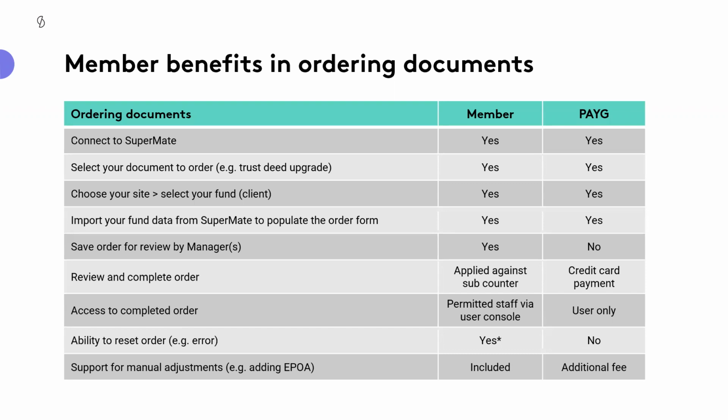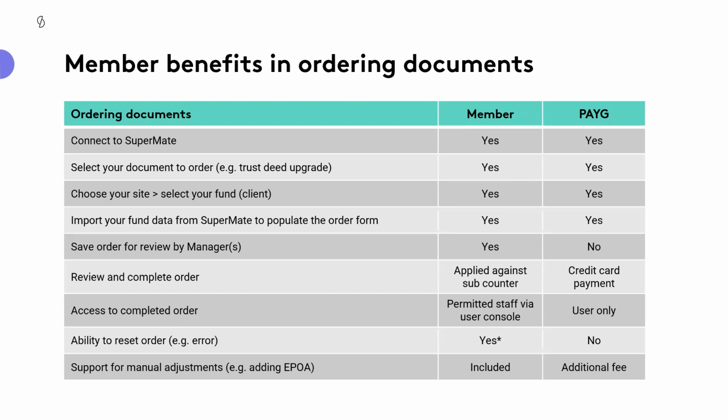You can then have what we call the parent or the manager then having access to the saved order from a workflow point of view, or even be able to view the completed order, where under a PAYG, again, it's just entirely linked to that particular user. And we have some other benefits, I guess, about the support that is needed around it as well.